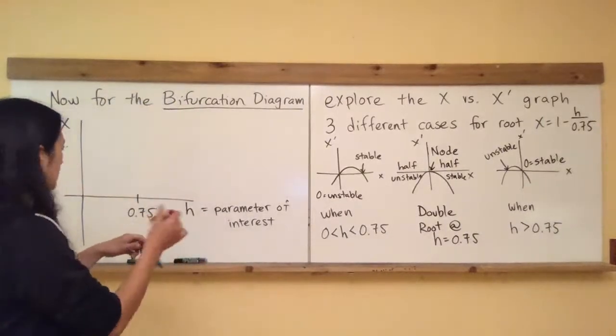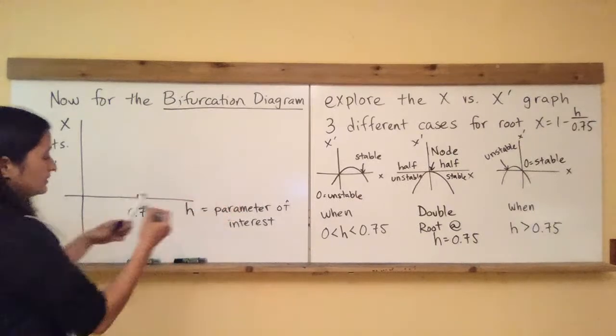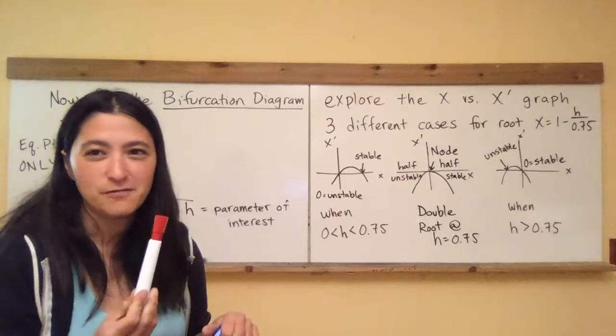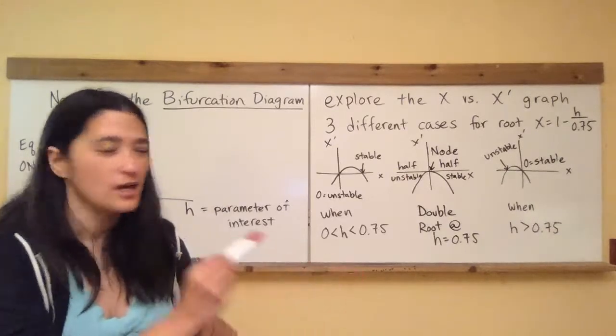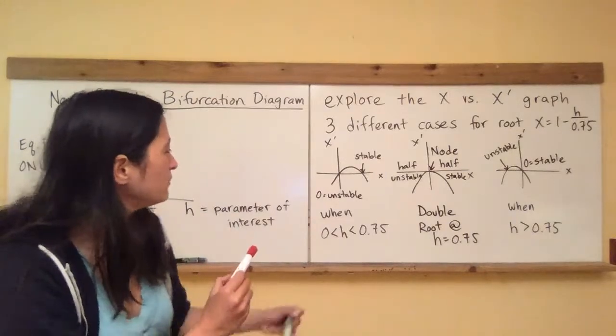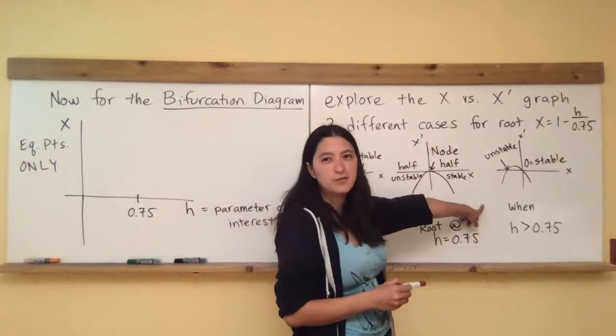That makes sense ecologically because we're pulling stuff out of the system. Okay, so let's do the easy one first. 0 is unstable. Red pen for unstable. I'm just going to go across the line. Is 0 always unstable? For this case, it is. Over here, 0 is not unstable anymore, it's stable.